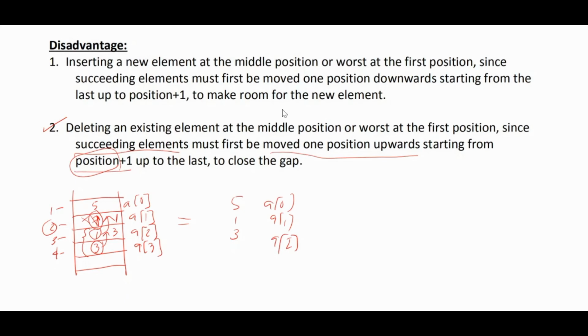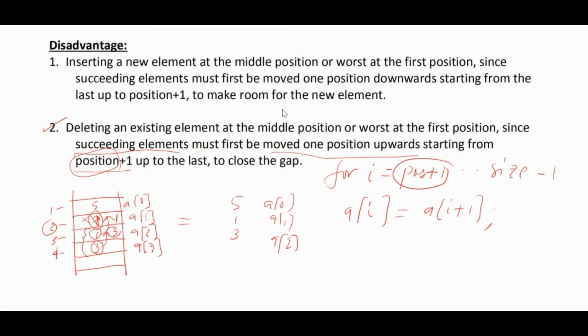So in effect, you are executing this statement: A[I+1] is assigned to A[I], for I from position + 1 up to size minus 1. So position + 1 is this.